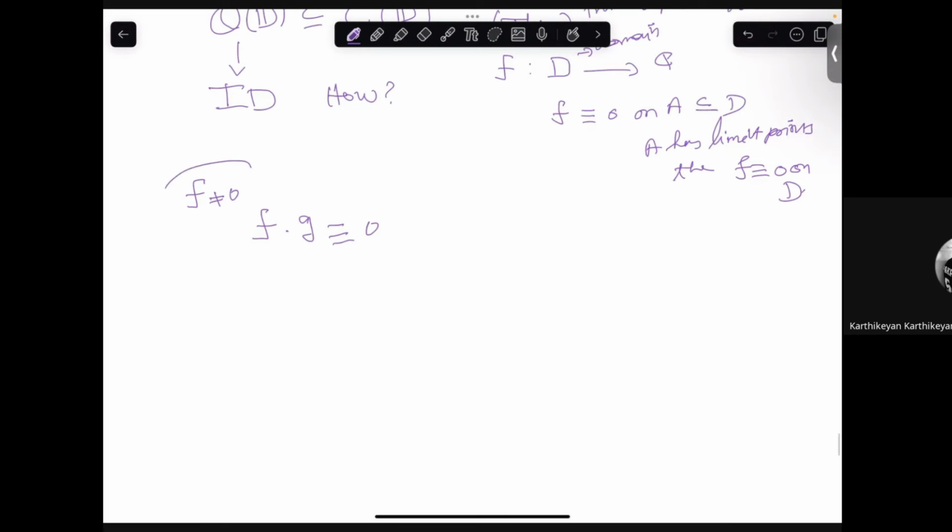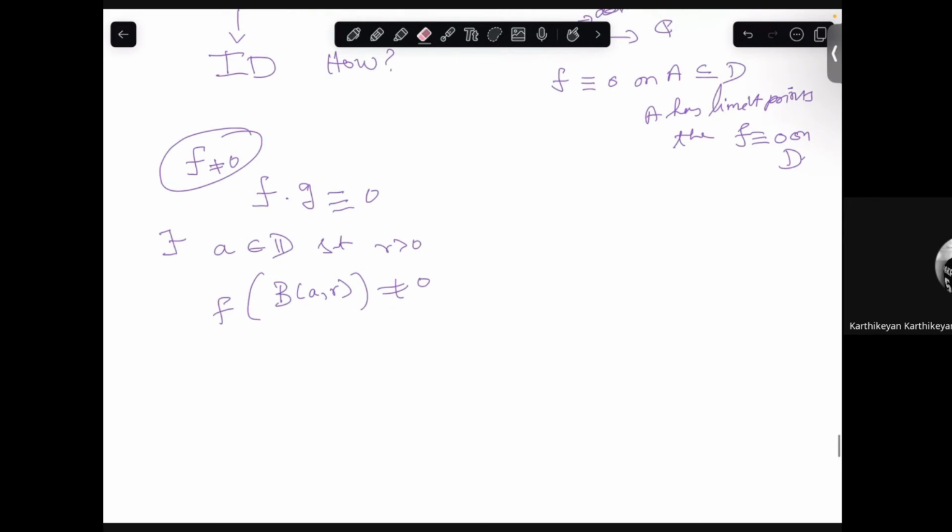So the moment f is not equal to 0, there exists a belonging to D such that the ball with center a and some radius r greater than 0, f is not equal to 0. That is by continuity. I'm not using anything else. You can use holomorphicity, but I'm using just continuity.